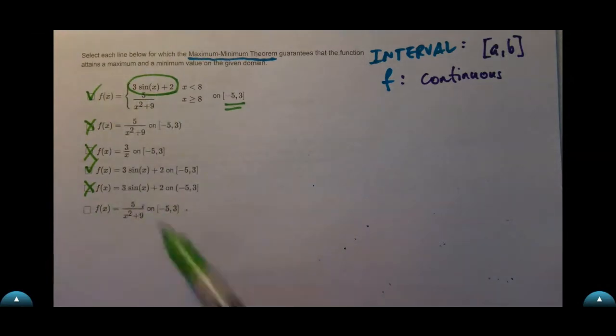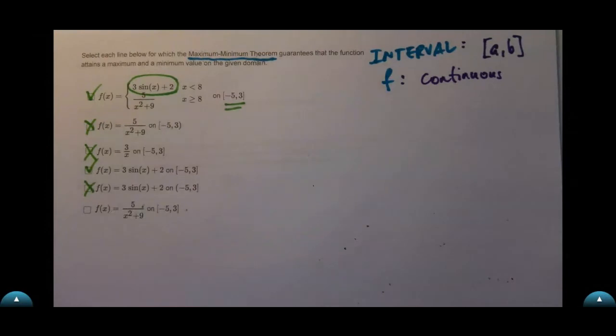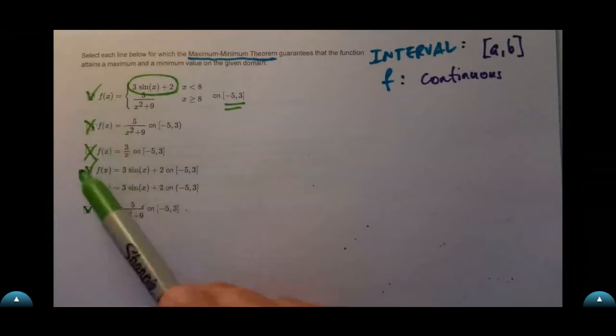What about the last one, people? Closed interval, and that's continuous everywhere, right? So it'd be that one, and that one. Yeah, you're all correct. So you just tick them. It says select each line, which is fine.